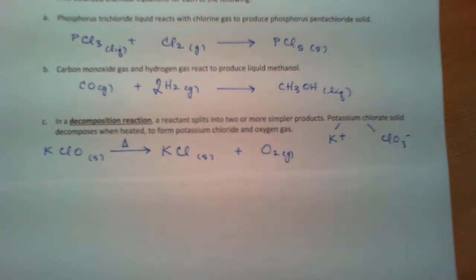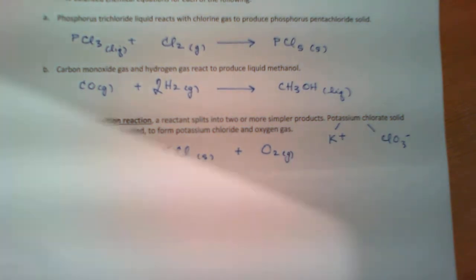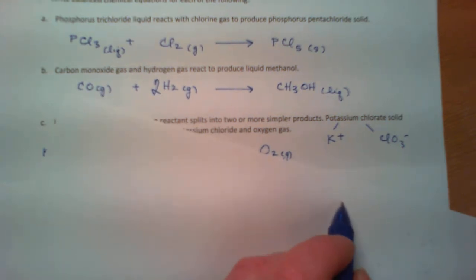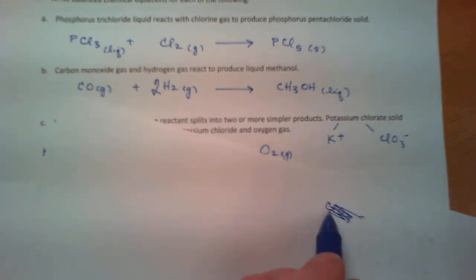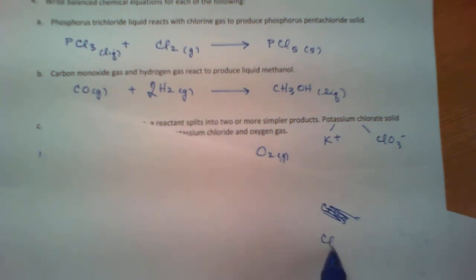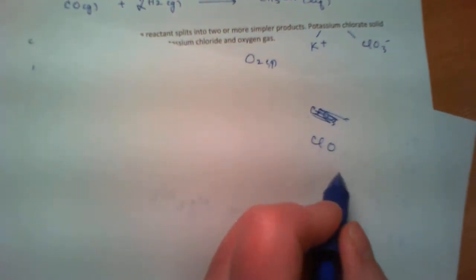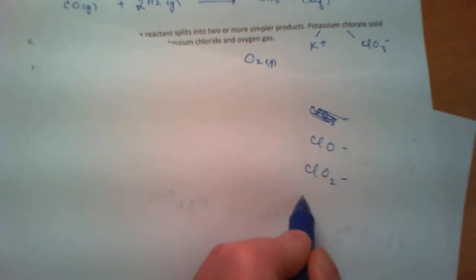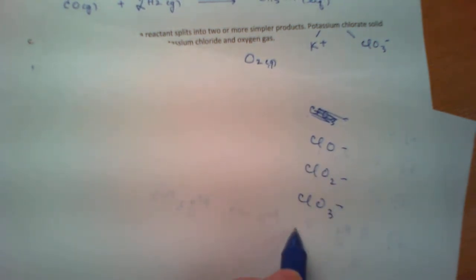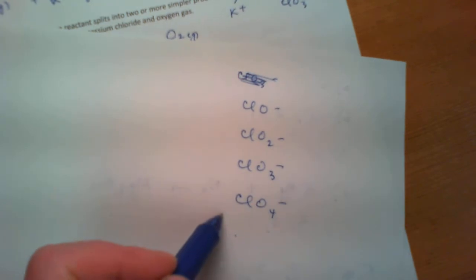And you'll recall, let's use a piece of scrap paper, that in that series, the chlorine plus oxygen series, we had a ClO minus, a ClO2, and a ClO3 and a ClO4, all minus 1 as polyatomic anions in this series.